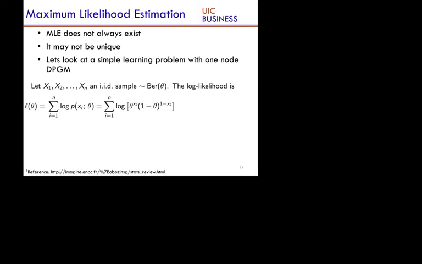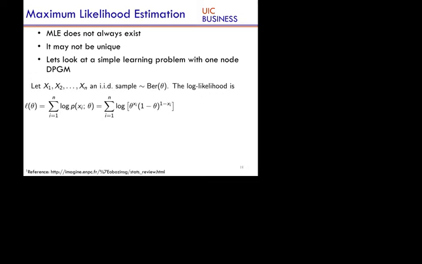But here we have written the probability of xi in general, given theta, as theta to the power xi times 1 minus theta to the power 1 minus xi.